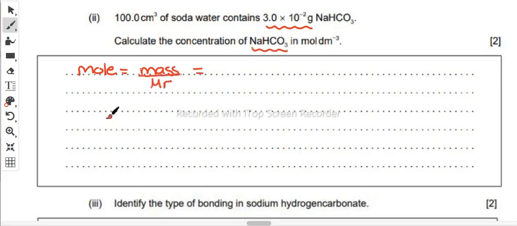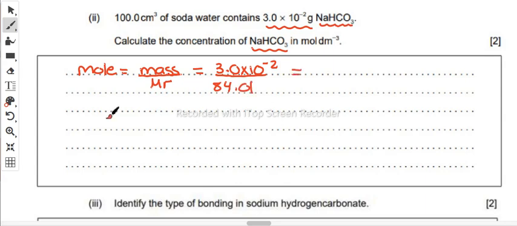I have 3 times 10 to the power of negative 2 divided over the molar mass. For the sodium hydrogen carbonate, you have 1 sodium, 1 hydrogen, 1 carbon, and 3 oxygen. So it is 84.01 using the periodic table.